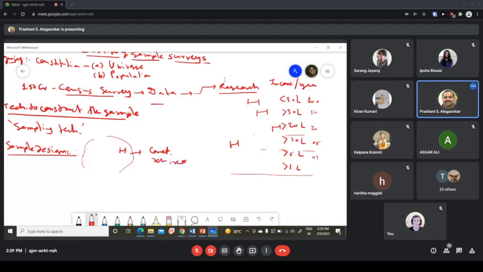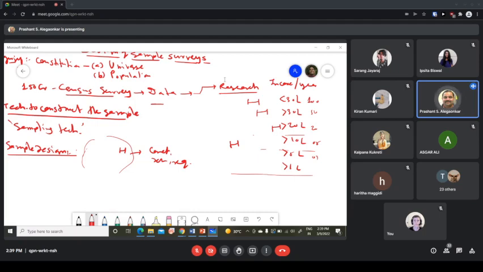It refers to the technique or procedure the researcher would adopt in selecting the items for the sample.